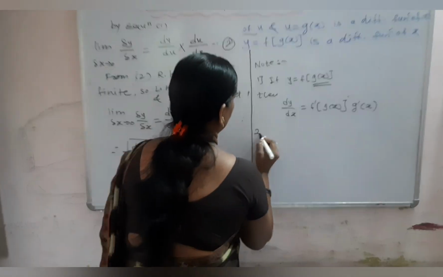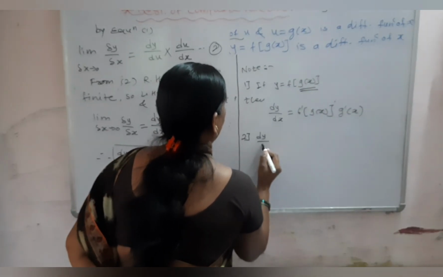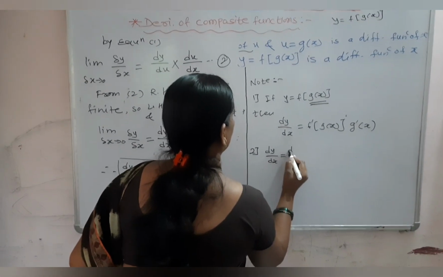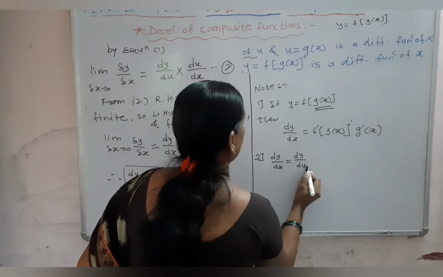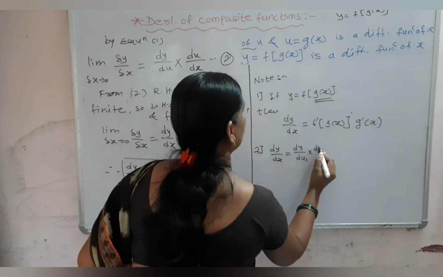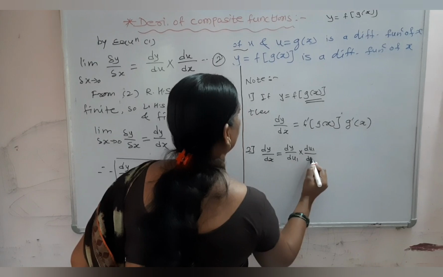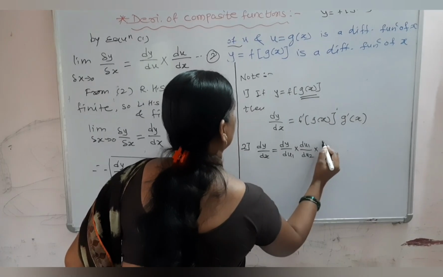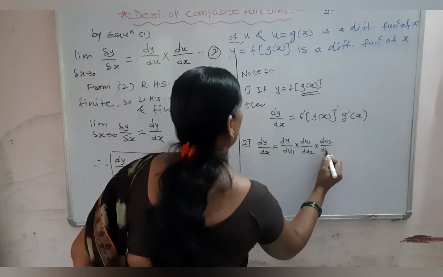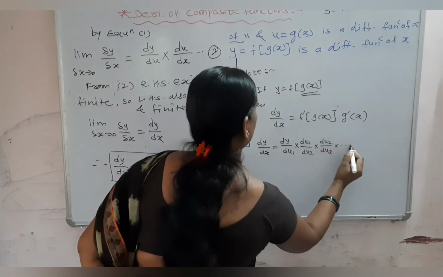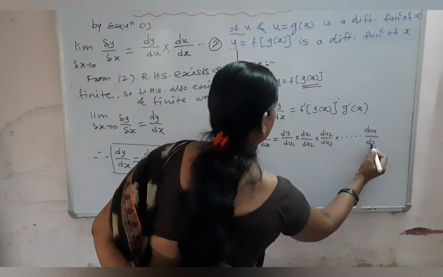Then second note, dy by dx is equal to dy by du1 into du1 by du2 into du2 by du3, in this way up to du1 by dx.